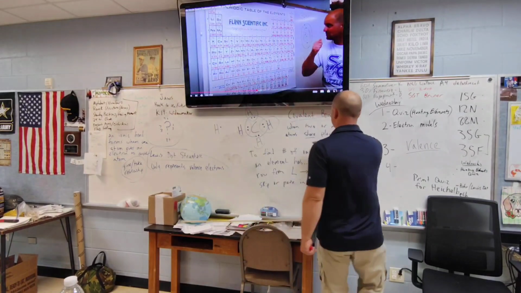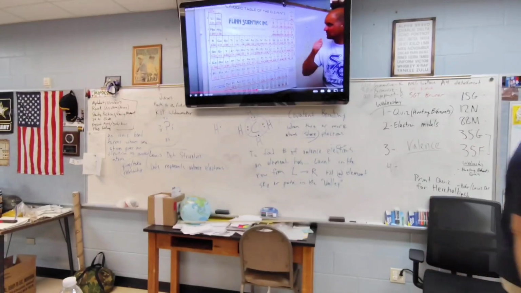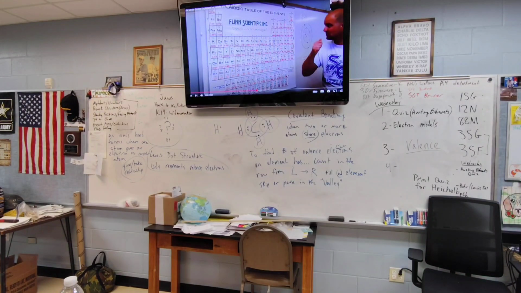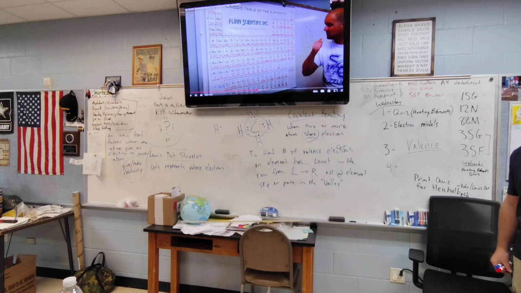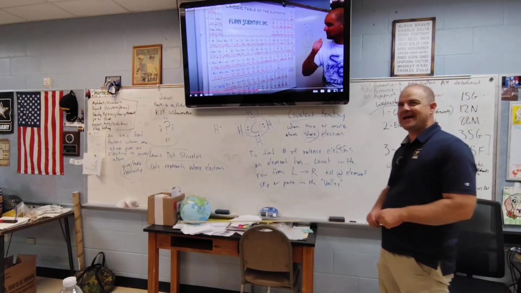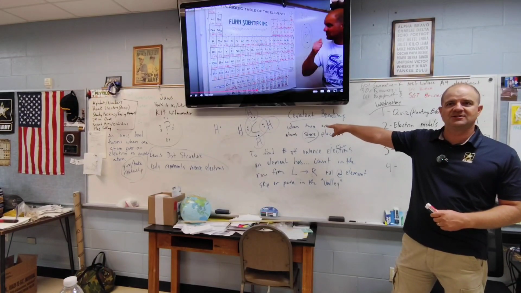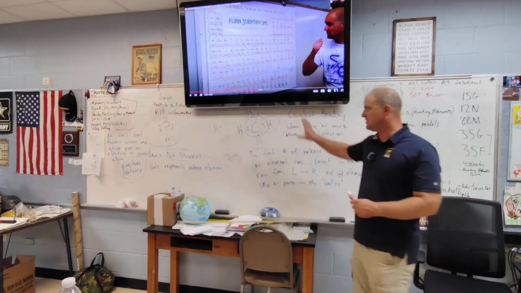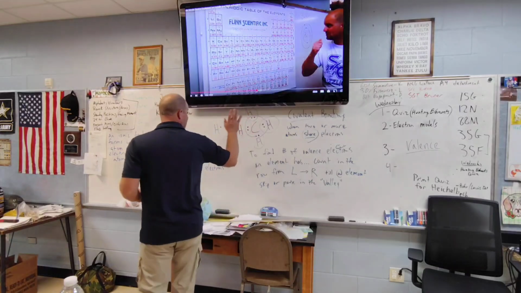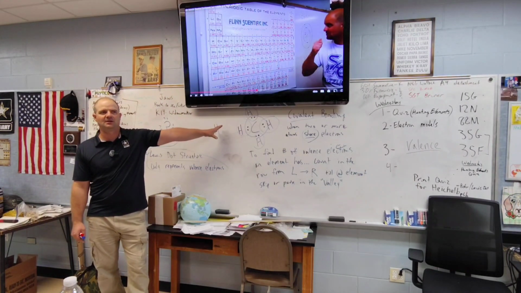With covalent bonding, it's a sharing of the electrons. Before I move on, any questions on this example of a covalent bond? You can see that they're sharing. And using Lewis dot structures kind of makes it easy to understand, I think.